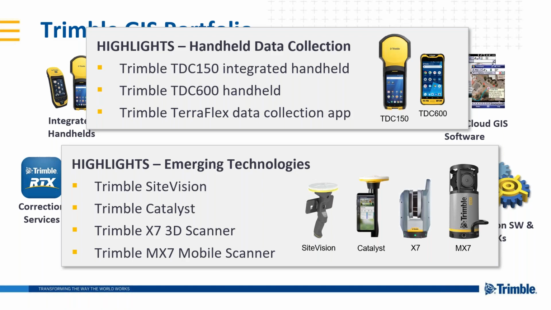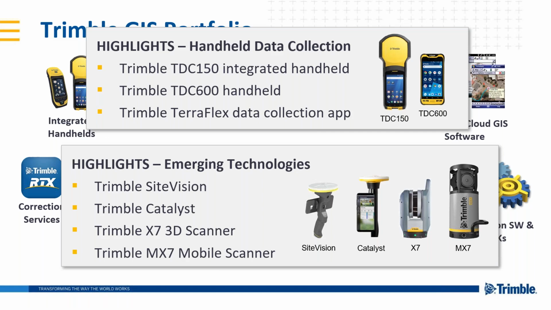I've run a couple of webinars the last couple of weeks that this audience has been invited to, at least. Hopefully some of you had the opportunity to join me a couple of weeks ago, looking at the Sight Vision technology, and then last week looking at the Catalyst GNSS capability available on demand as a service to your mobile device.